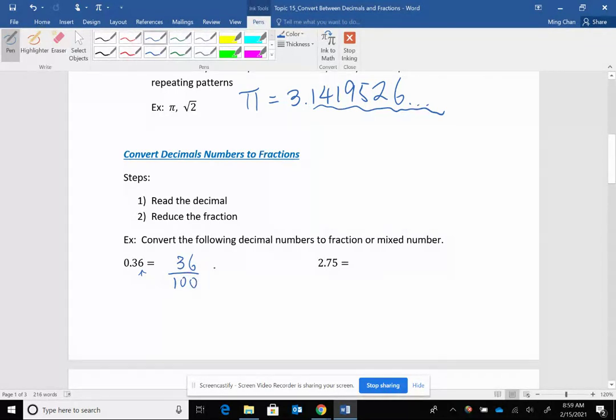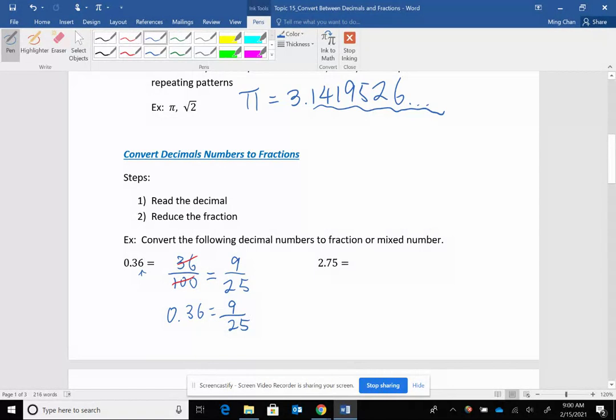And then we can actually reduce it. Reduce the fraction by 4. That will give me 9 over 25. So what we're saying is 0.36 is the same as 9 over 25. This is equivalent.